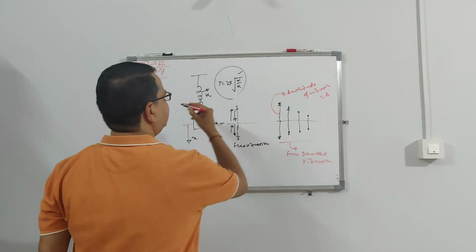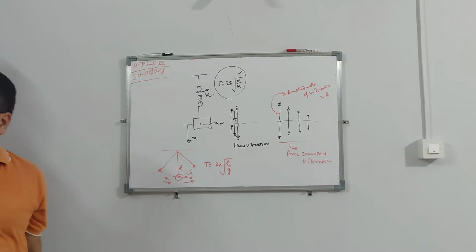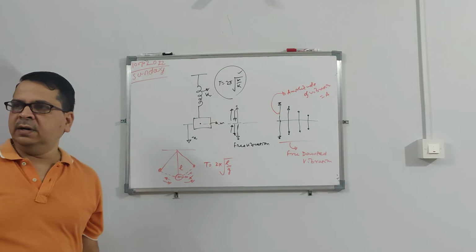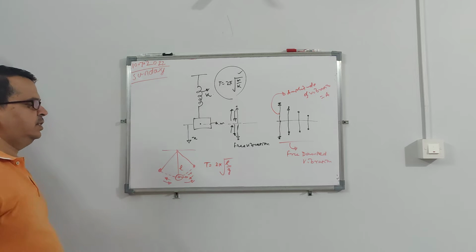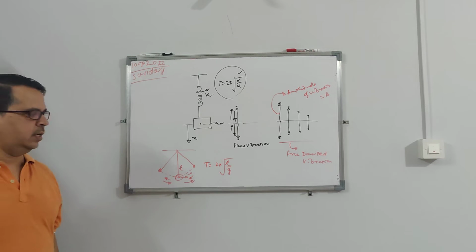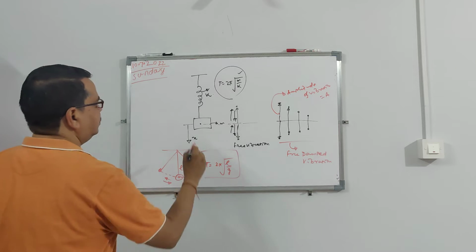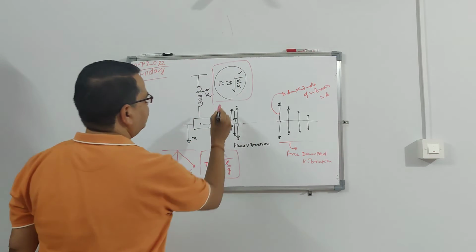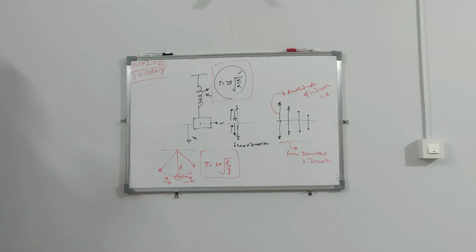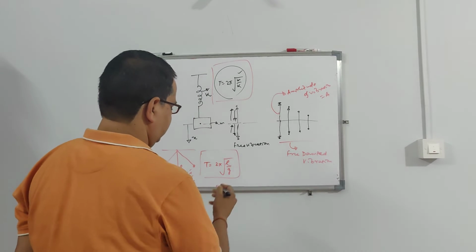The time period of a spring mass system is T is equal to 2 pi square root of m by k. These are the two major formulas you should always remember to solve any numerical, because when you get only 3 to 4 minutes to solve a numerical, you don't have time to derive.